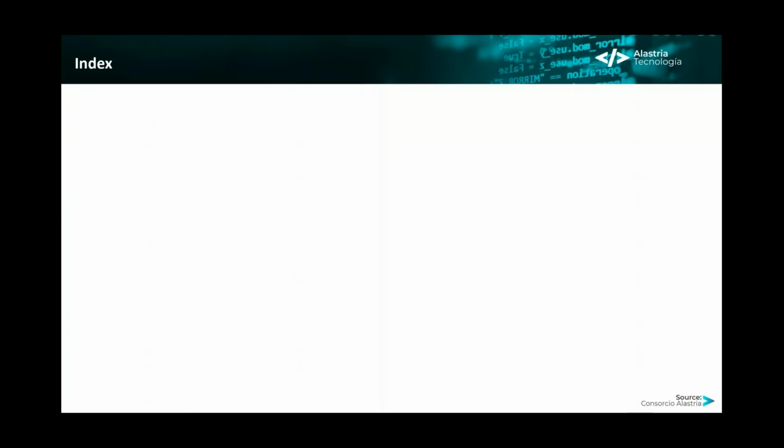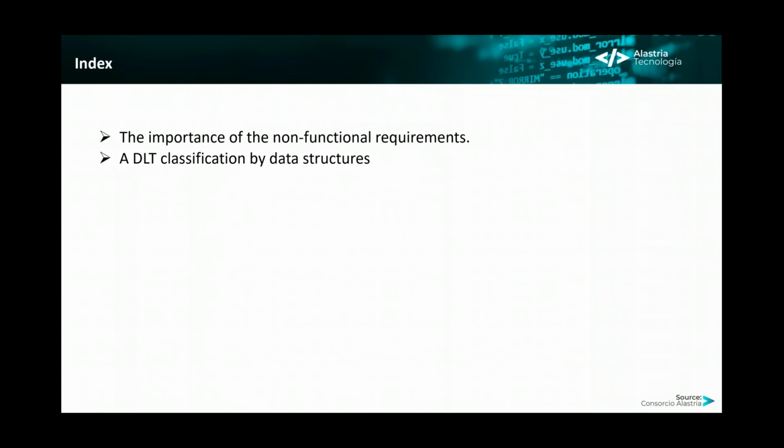So today, first I'm going to talk to you briefly about the non-functional requirements that a lot of the time people don't think about when they start a project. Then we are going to start talking about the DLT classifications by data structure, another taxonomy that is important for you in order to have the overall picture.